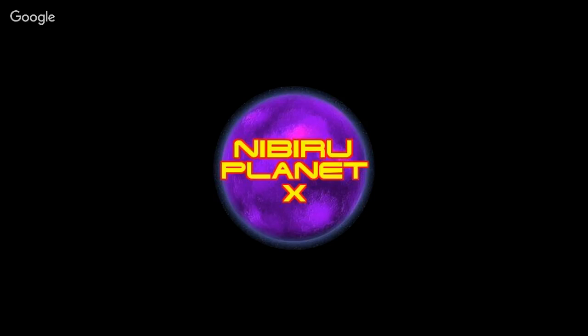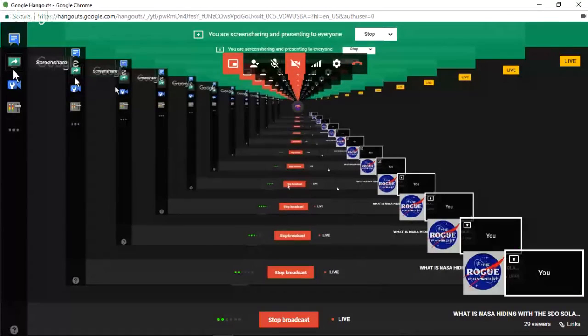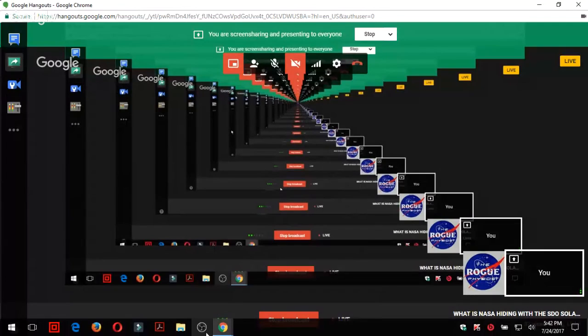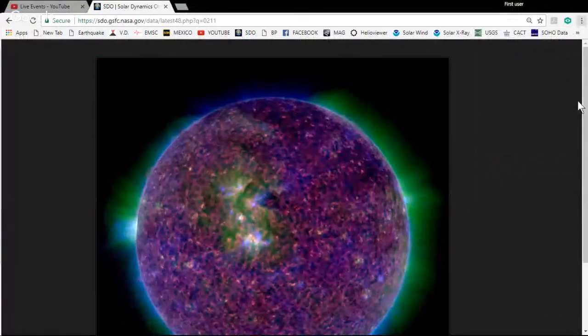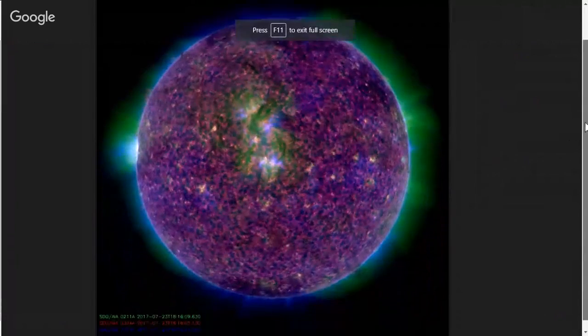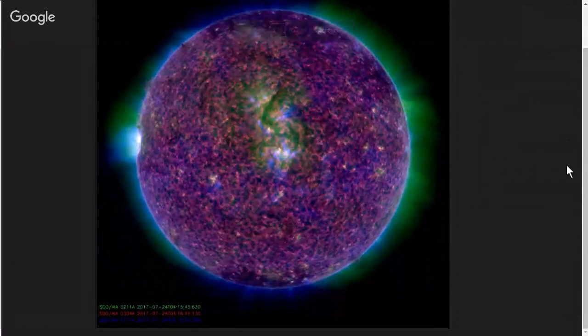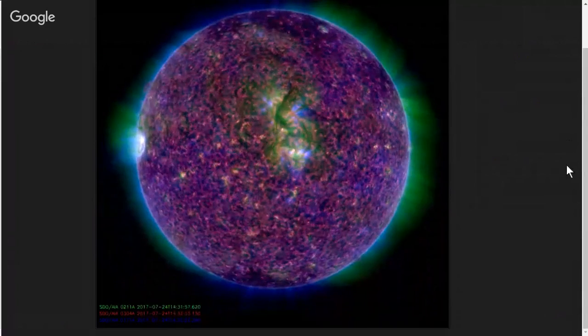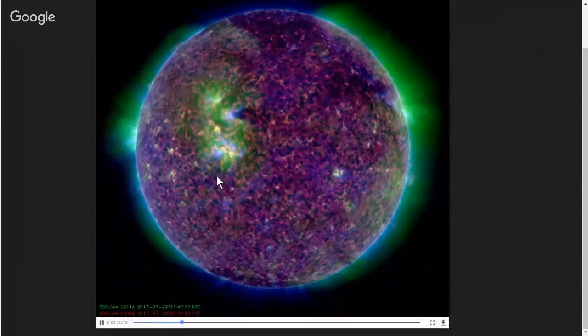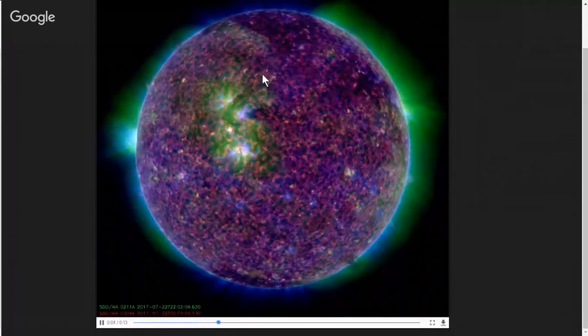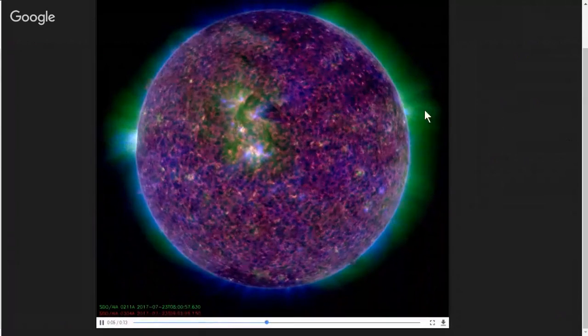It may be absolutely nothing, but I've never seen this before on the SDO. We're looking at the sun, a 48-hour loop. You've seen me use this purple imaging before, but it's never been like this.